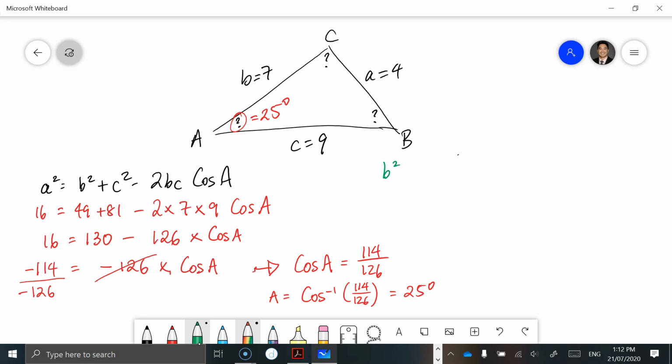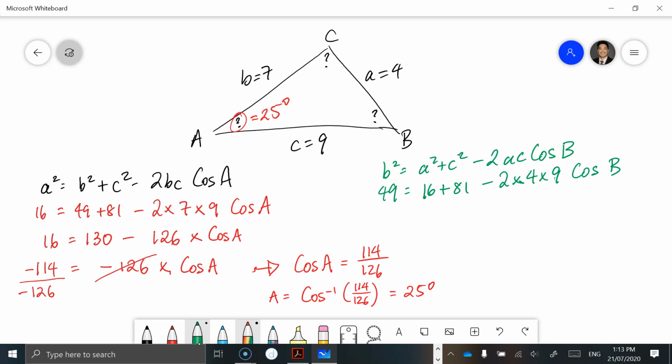So b squared is equal to a squared plus c squared minus 2ac cosine B. So b squared here is 49, a squared is 16 plus 81, minus 2 times 4 times 9 cosine of B, which is what we're working out.